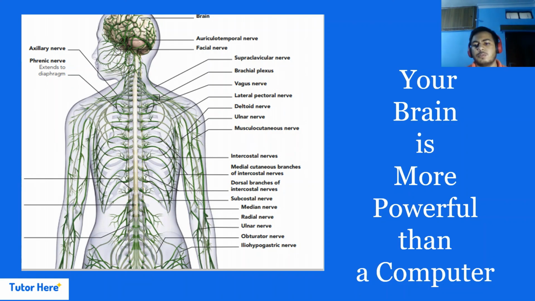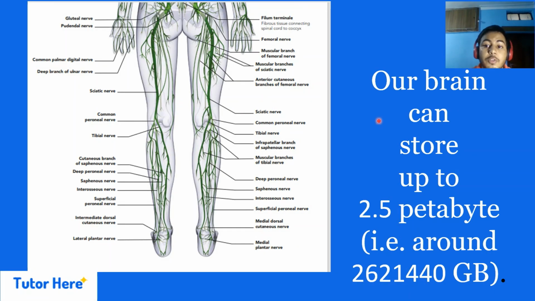Every part of your body is connected by a nerve. Now, if we talk about the lower part of the body, you can see the sciatic nerve, tibial nerve, the common peroneal nerve, and different nerves. So this is the total nerves present in our body. And the interesting fact, our brain can store up to 2.5 petabytes of data. That's a huge amount of data you can store in a brain.